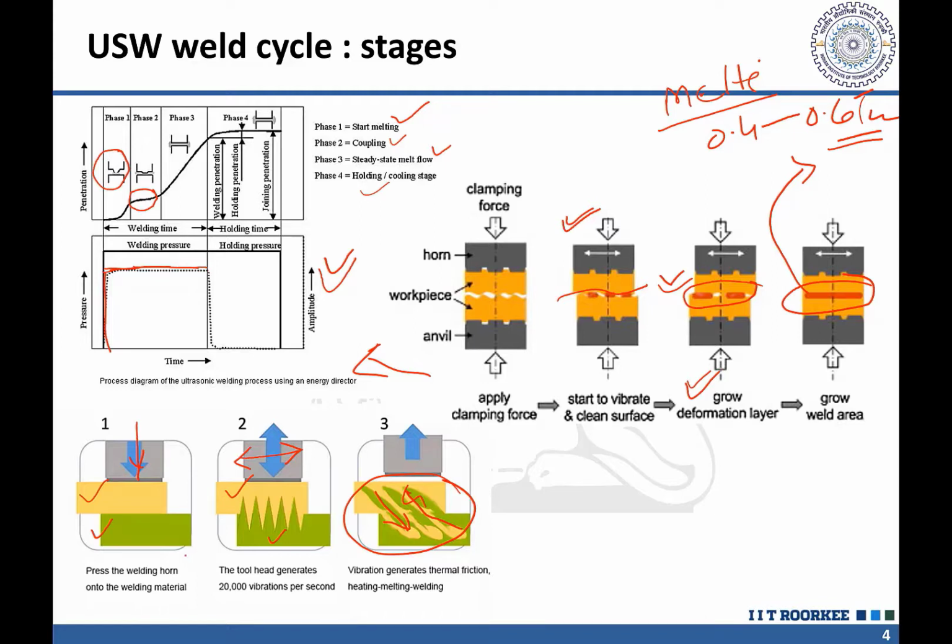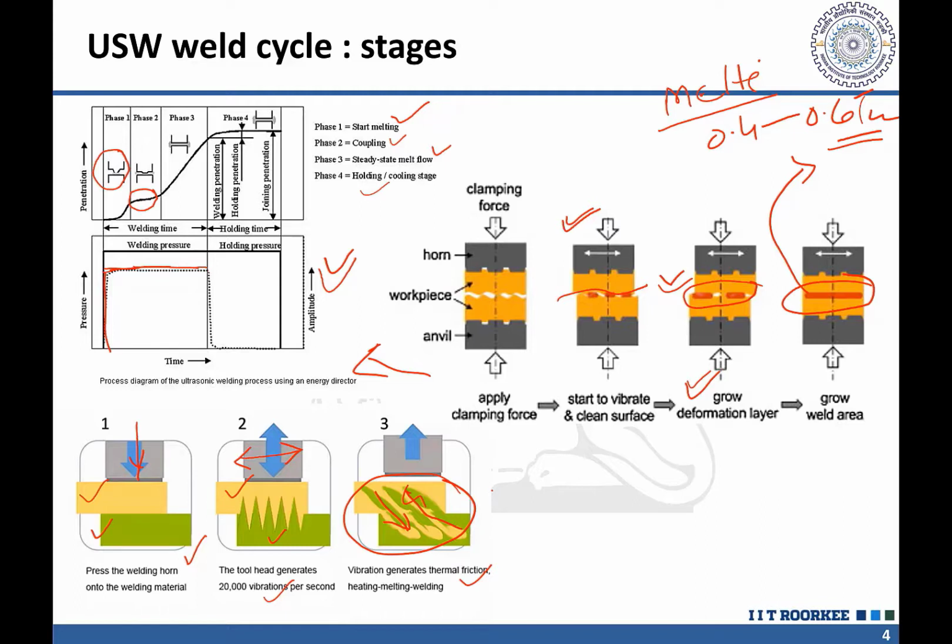So the pressure is applied, and then the horn generates the vibrations, and then the frictional heat will be facilitating the melting, generating heat enough to cause thermal softening, melting, and development of the weld joint.